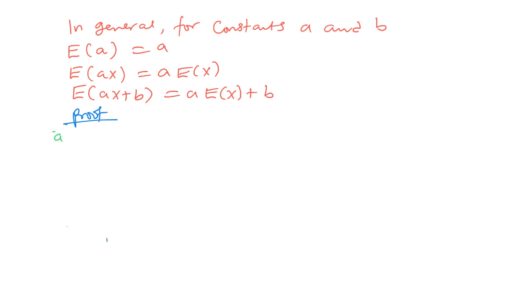The first one, A, they want the expectation of a constant A. We define this as the summation of A times the probability of capital X equal to small x. So what do we do in this summation for all values of x? Suppose we have values of x going from x1 up to xn.